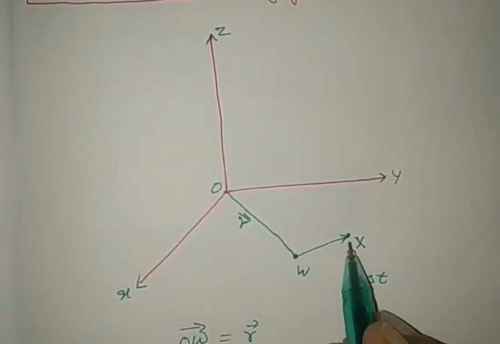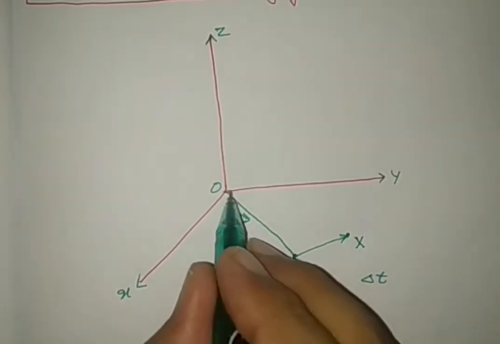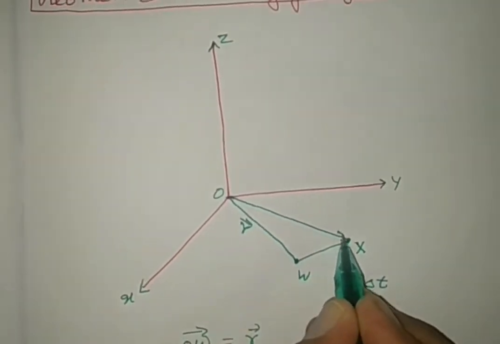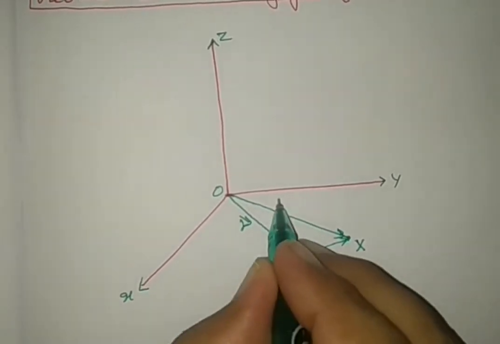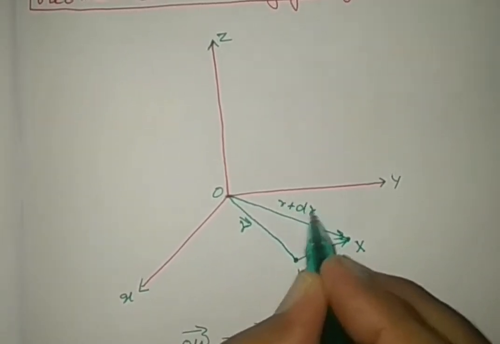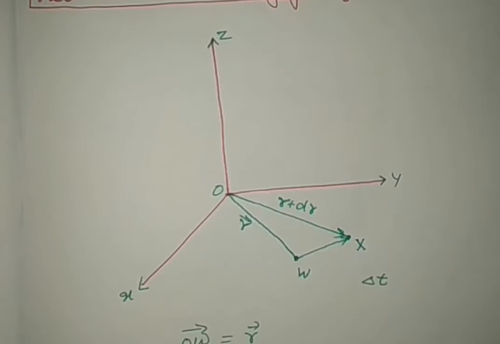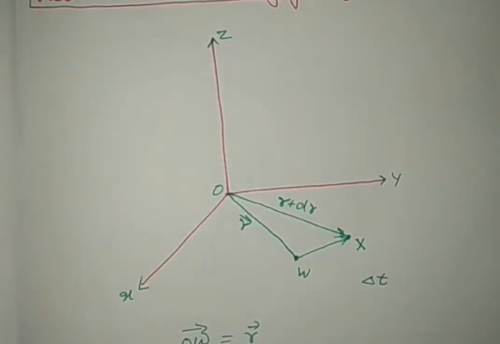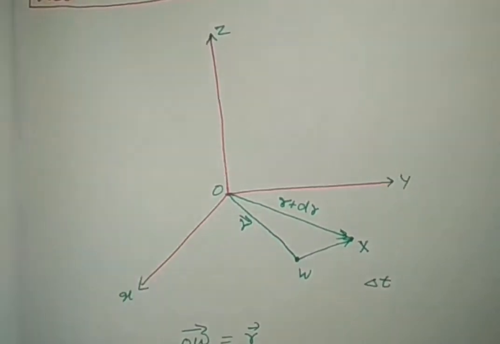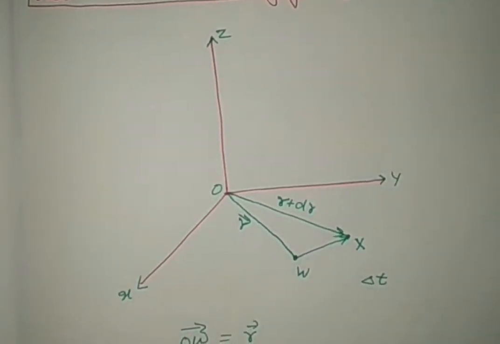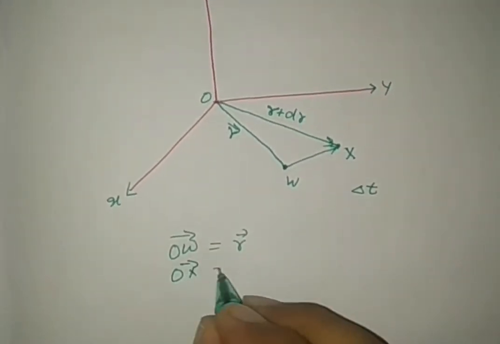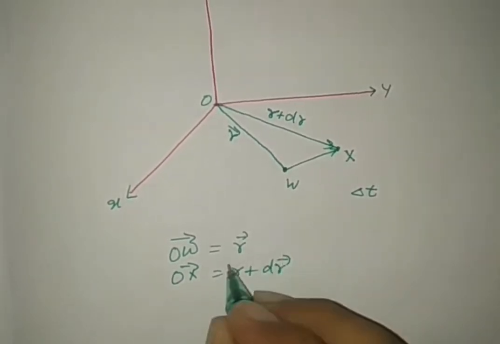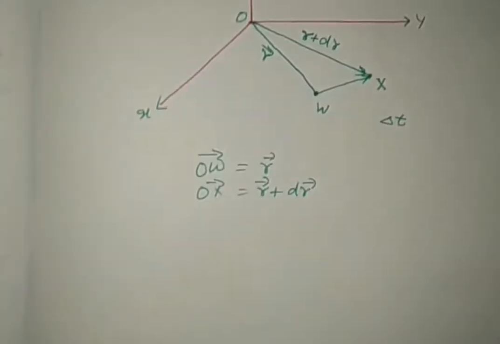Now let the position of the particle at X from the origin be R plus dr, right? See very carefully this R plus dr. We may write OX is equal to R plus dr in this case.